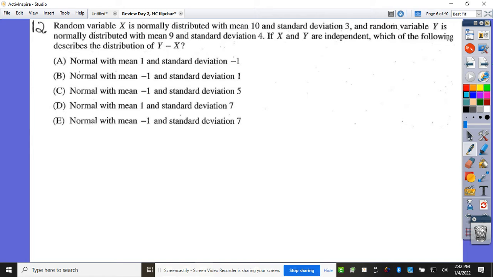And then there's one main concept that they're testing for here. So we have a random variable x that is normally distributed with a mean of 10, standard deviation of 3.